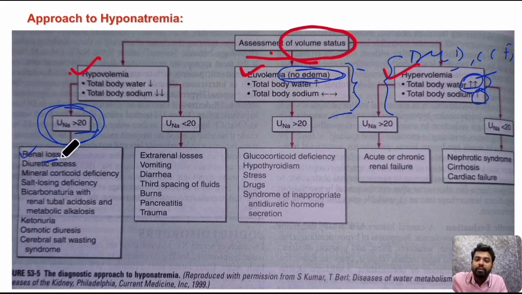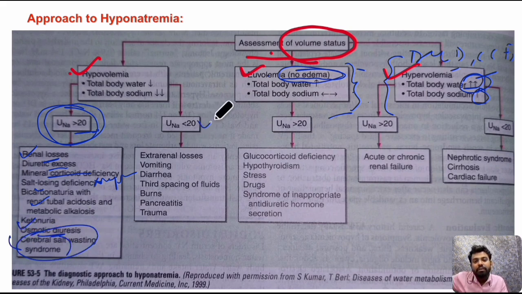How does renal loss happen? Due to diuretic excess, mineralocorticoid deficiency, salt losing nephropathy, or any tubulopathy like AKI. Also renal tubular acidosis, ketonuria, osmotic diuresis, and cerebral salt wasting syndrome; we will talk about this later.